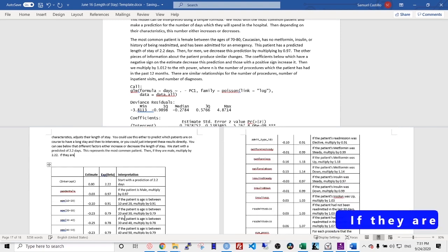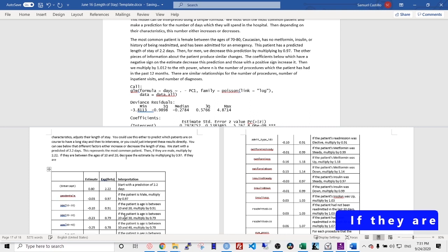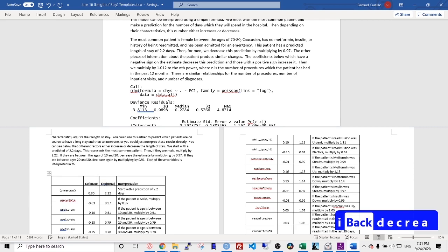If they are between the ages of 10 and 20, decrease the estimate by multiplying by 0.97. If they are between ages 20 and 30, decrease again by multiplying by 0.91. Each of these variables is interpreted in the same way.